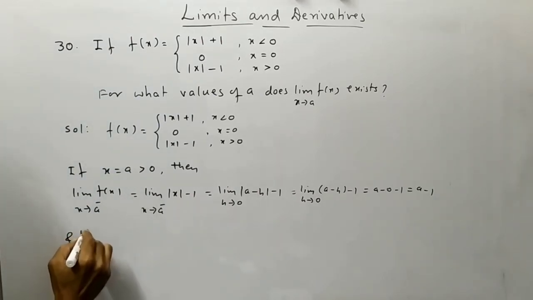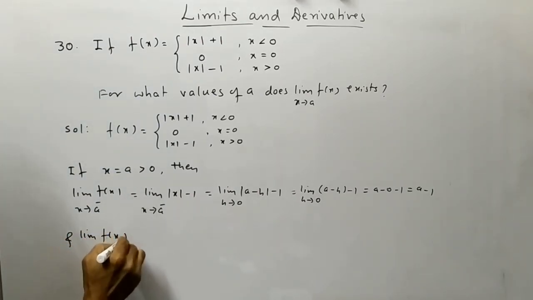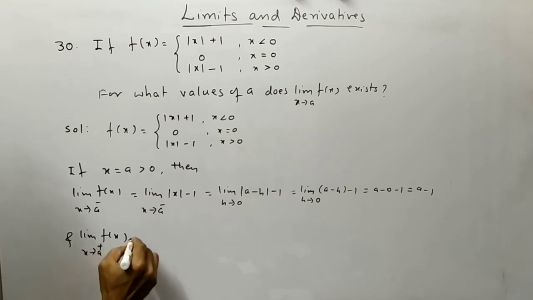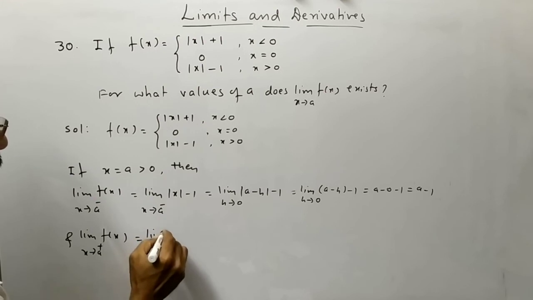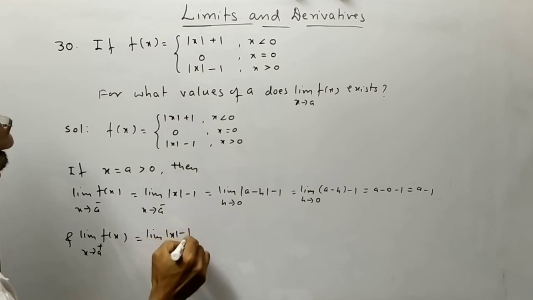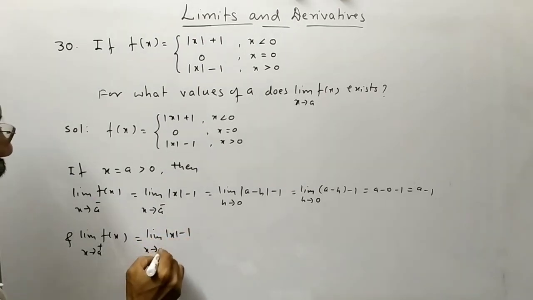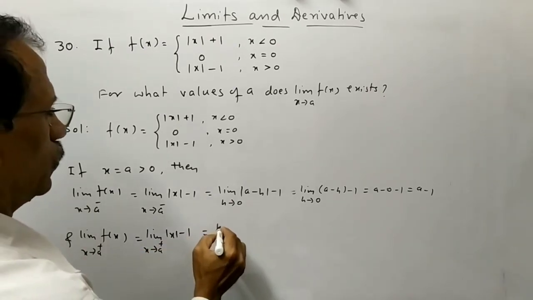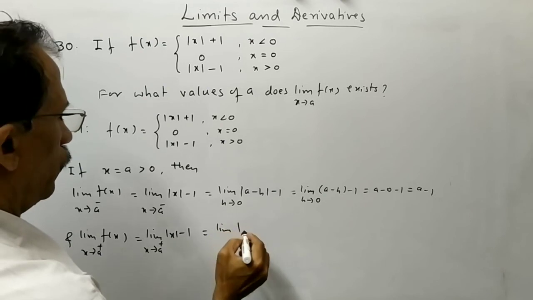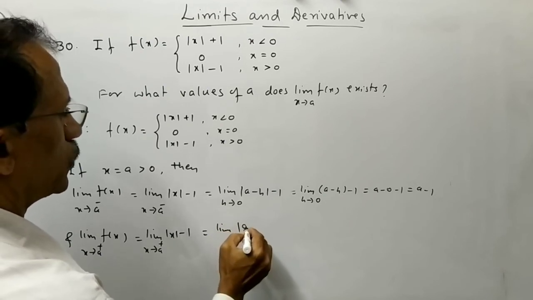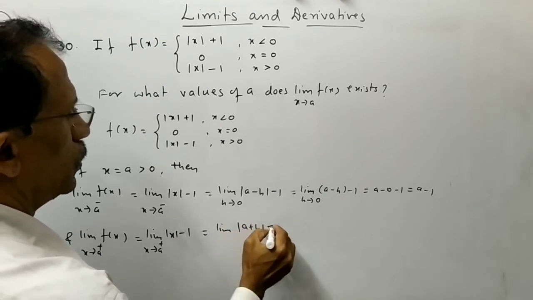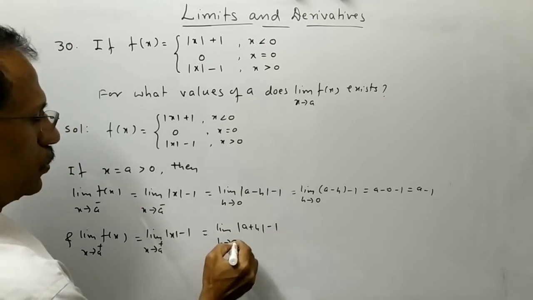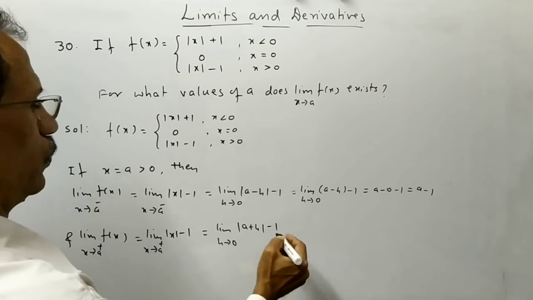and the limit of f of x when x tends to a from the right side is equal to the limit of modulus of x minus 1 when x tends to a, which is equal to the limit of, for the right hand limit, we can take x equal to a plus h, minus 1 as it is, when h tends to 0.